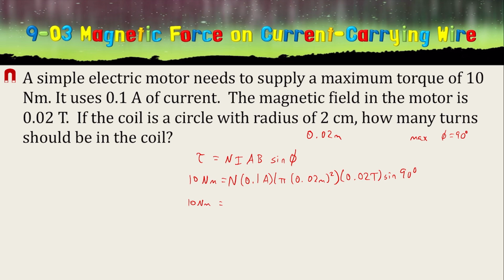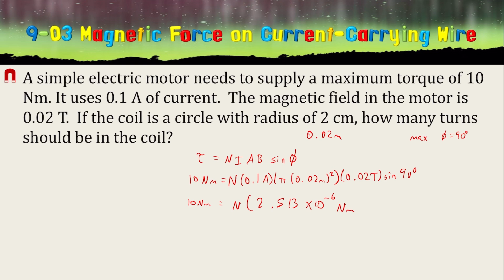All right, multiply this side out using our calculator. And I get N times 2.513 times 10 to the negative 6 Newton meters.